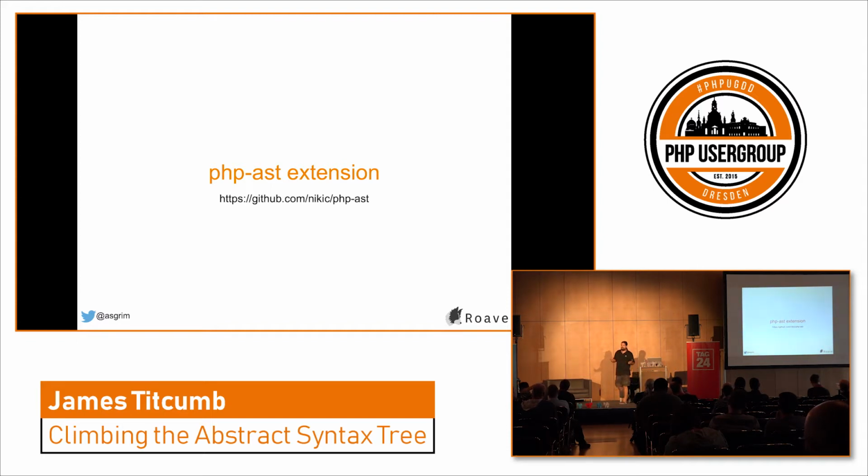I'm hoping that one day this becomes part of PHP core, just like you can do token get all. At the moment, you can't do like AST get all or whatever. The downside to this, though, is it requires an extension, and that involves installing stuff, and you have to pecl install PHP AST, which I know is not that big a deal, but it's an extra dependency, right?